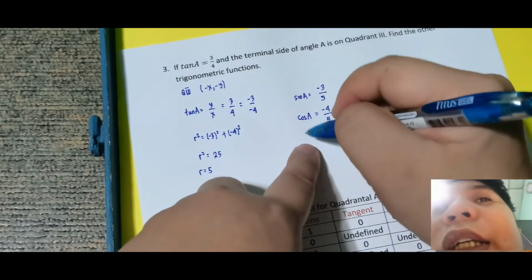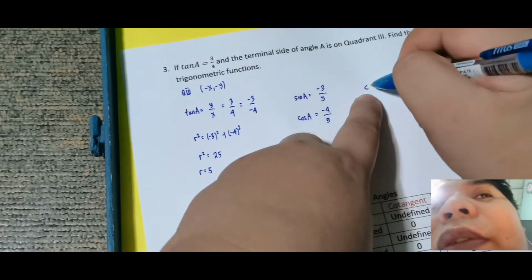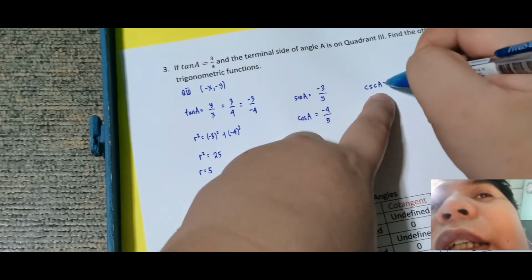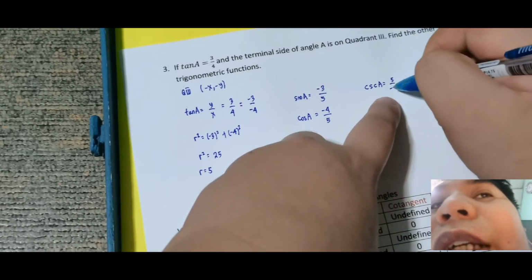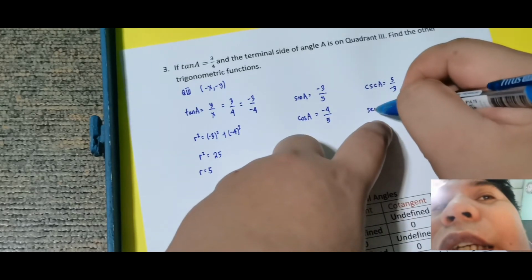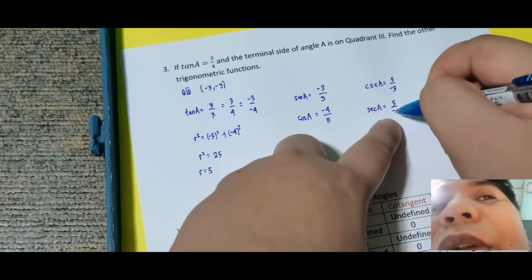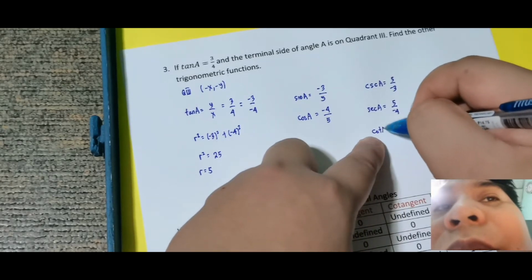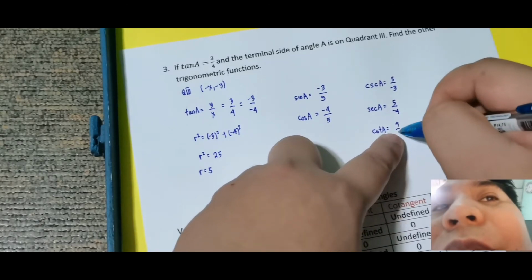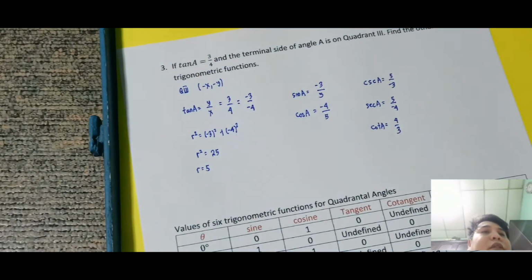Si tangent okay na. So kunin ko dito si cosecant. Si cosecant A is 5 over negative 3. Si secant A is 5 over negative 4. Then si cotangent A is simply 4 over 3. Okay, so ganun lang siya kasimple.